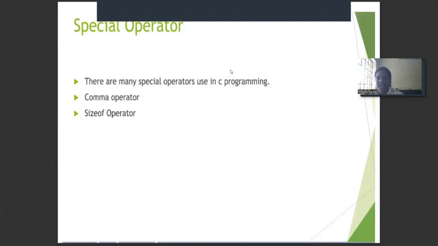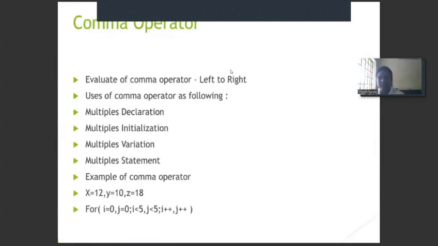Then special operators. There are many special operators used in C programming. Comma operator, sizeof operator. These are very important special operators, because the comma operator is used to separate the variables. We can use more variables, so it is used to separate all the variables. It evaluates left to right.